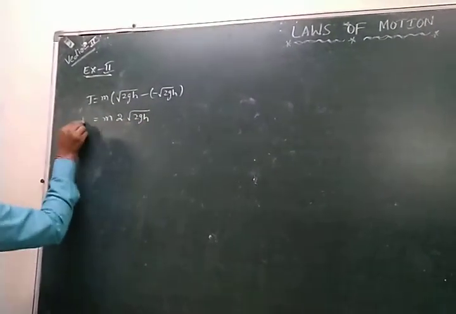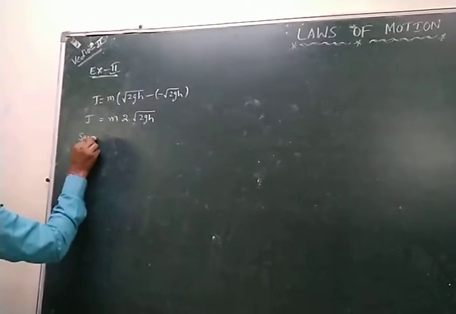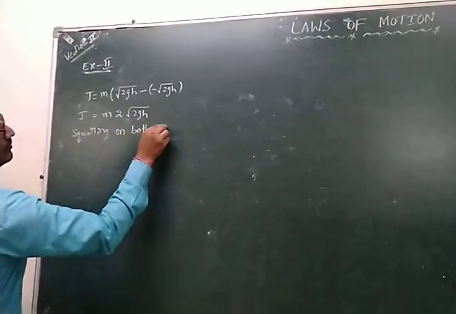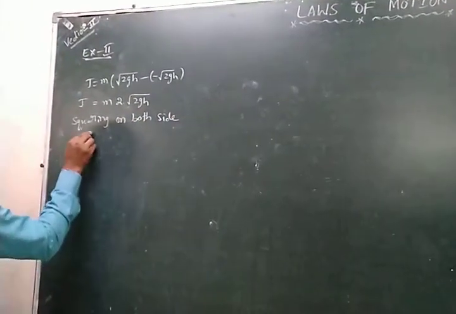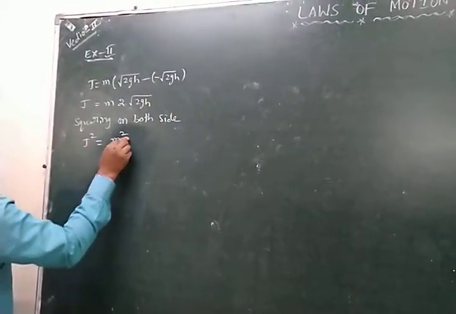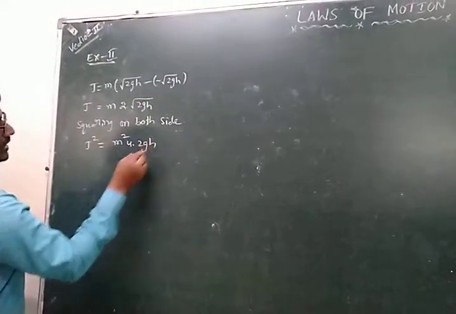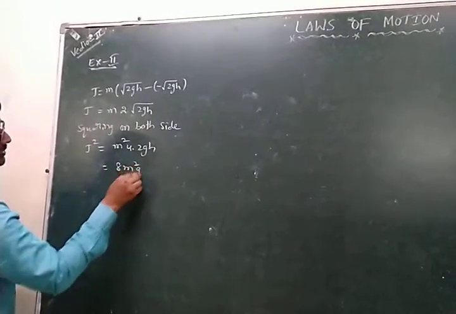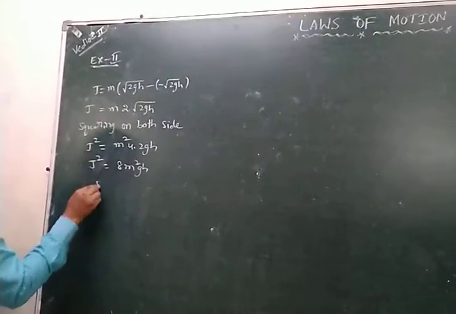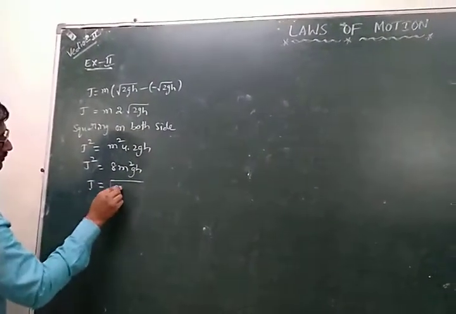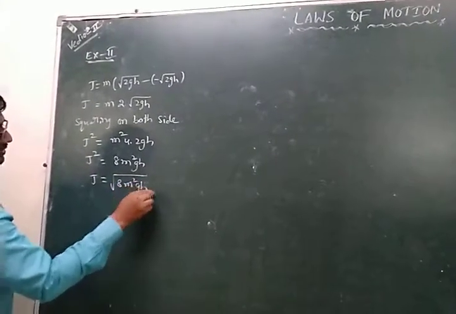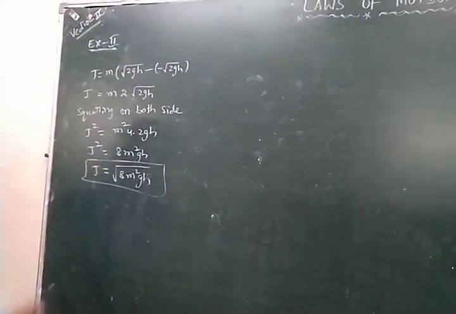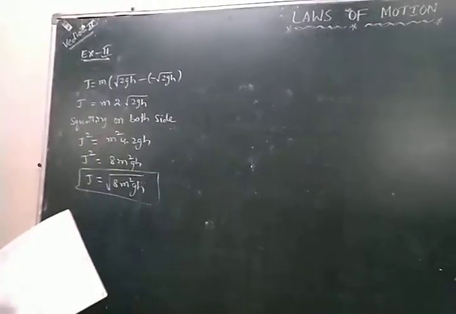Squaring on both sides, J square is equal to M square into 4 into 2gh, that is 8 M square gh, and then J is equal to under root of 8 M square g h. This is the impulse when the ball moves up and comes back down.